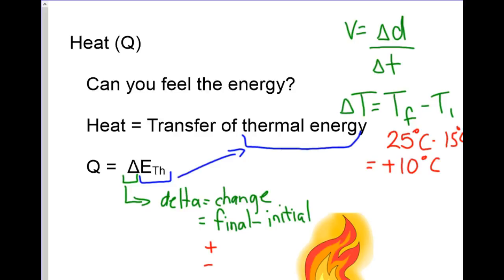It's increased. So if you have a positive delta, that means that whatever the change is, it has increased. If you decrease thermal energy, that means that the system has lost thermal energy to something else.